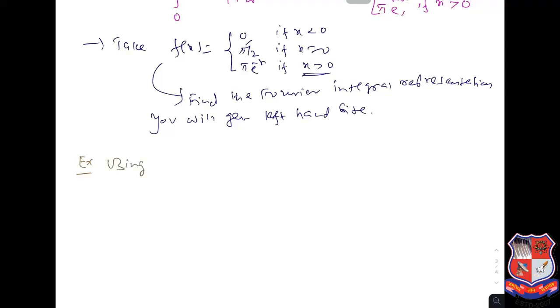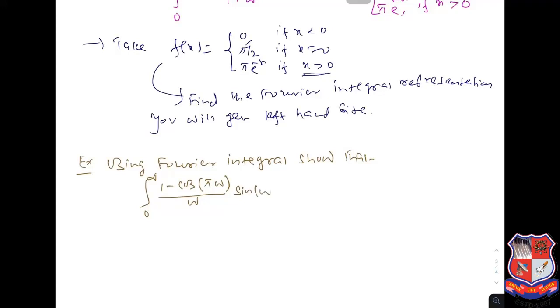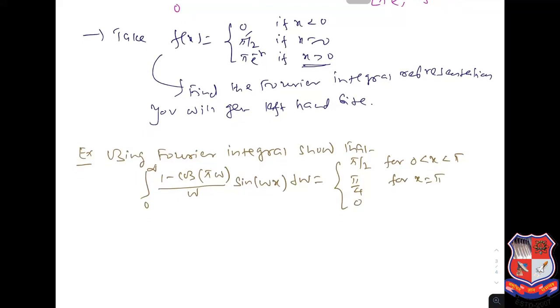Using Fourier integral, show that integration 0 to infinity, (1 minus cosine pi omega) over omega, sin omega x, d omega, equal to pi by 2 for 0 less than x less than pi, pi by 4 for x equal to pi, and 0 for x greater than pi.